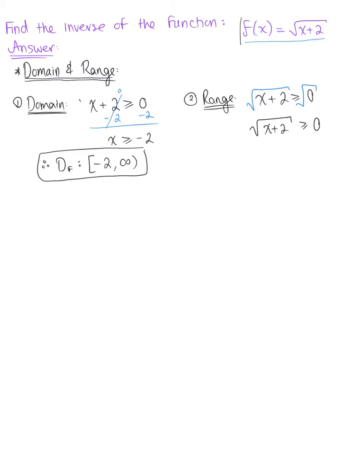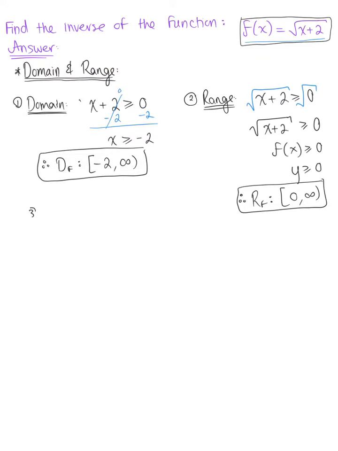And if we look at the function we're given, the square root of x plus 2 is equal to f of x, which by definition is y. So therefore, the range of the given function is all real numbers greater than or equal to 0.